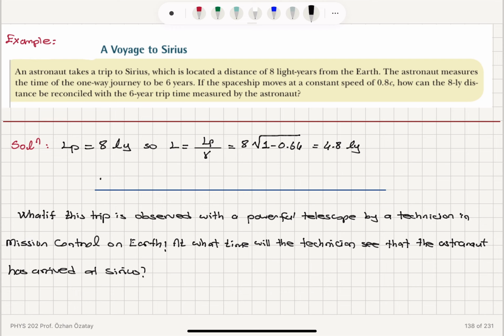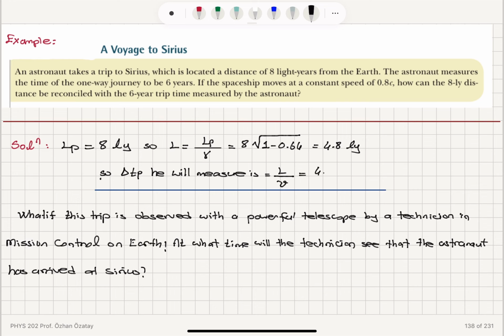On the other hand, who is measuring the proper time? The end point and the start point are the same for the astronaut. The astronaut is remaining in the spaceship, so the time interval between two events occurring at the same point in space is the proper time interval. So delta Tp, he will measure, will be the length he measures divided by the speed v.